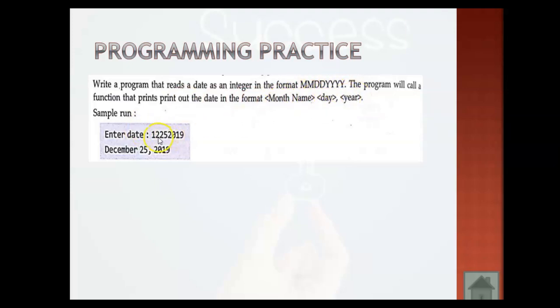So if the input is something like 12/25/2019, then you have to first extract the first two numbers of this complete integer, that is 12. If you convert 12 into the name of the month, the 12th month is December, and then the date is 25, you put a comma and then display the year.